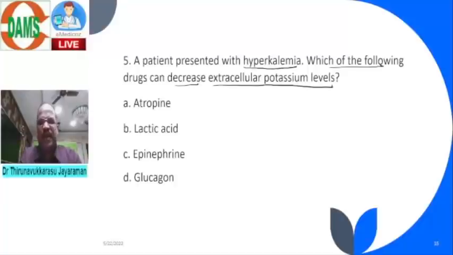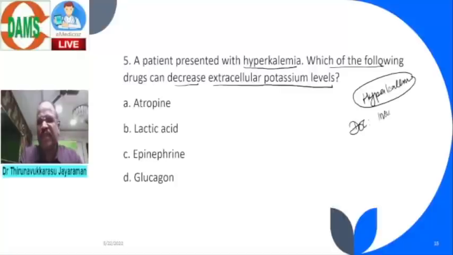See, in case of hyperkalemia, what we teach in the classroom is, for treating acute hyperkalemia, for rapid control of potassium, the drug of choice will be insulin. That too IV insulin, that too regular insulin, along with dextrose. It's a very good choice. If there is some T-wave abnormality, we can go for one more thing, calcium gluconate.